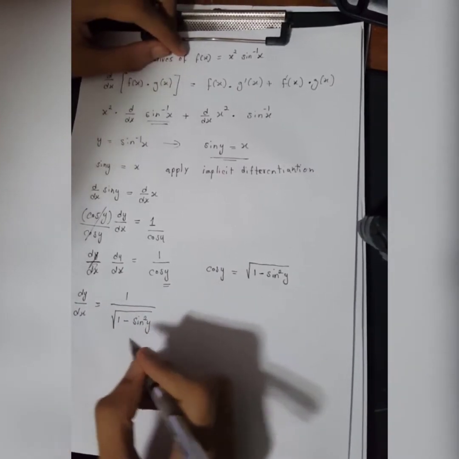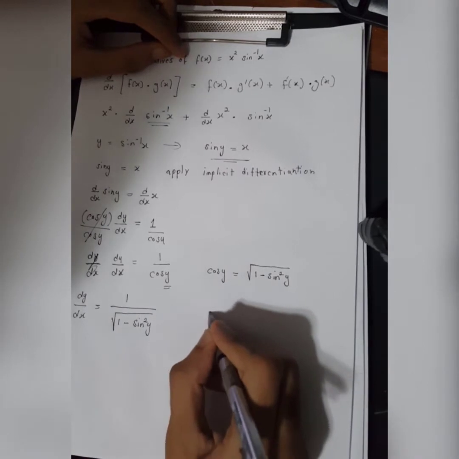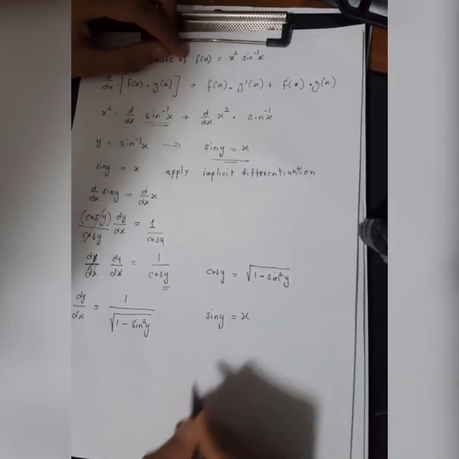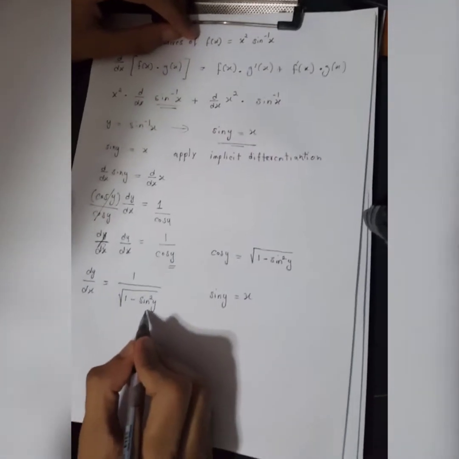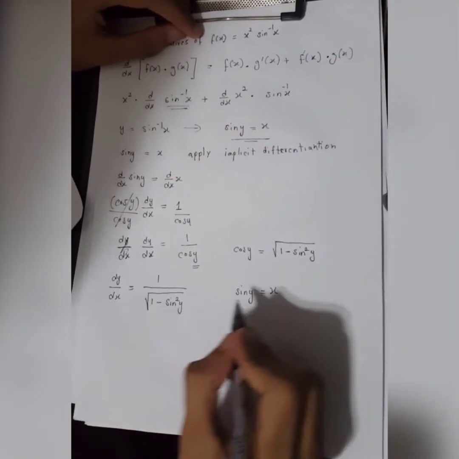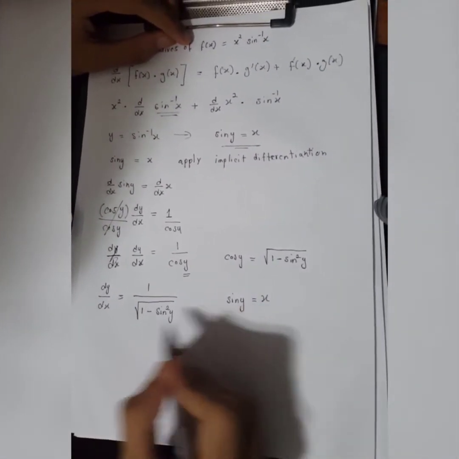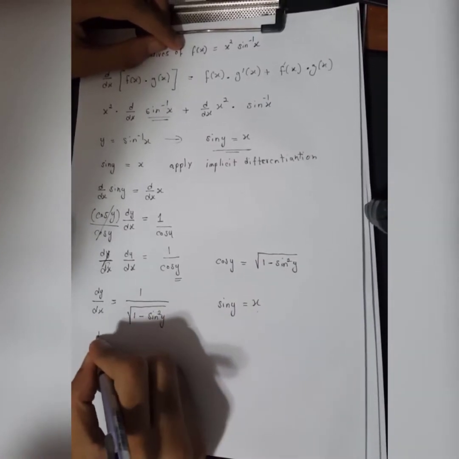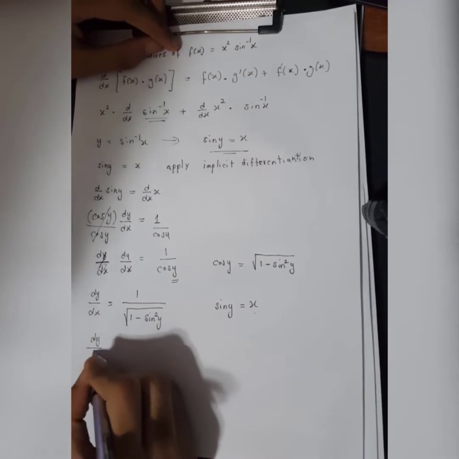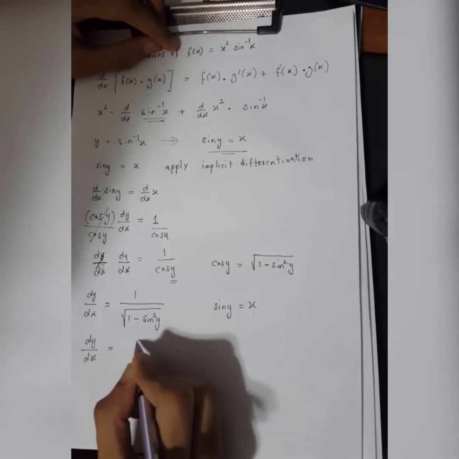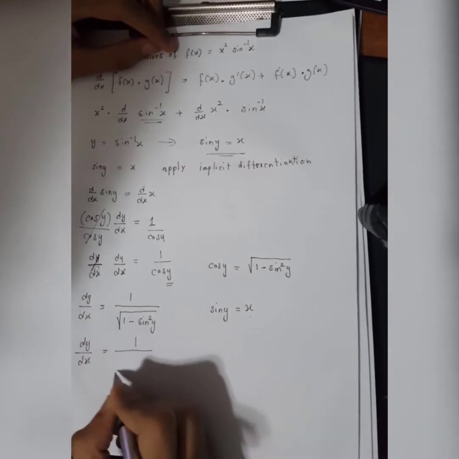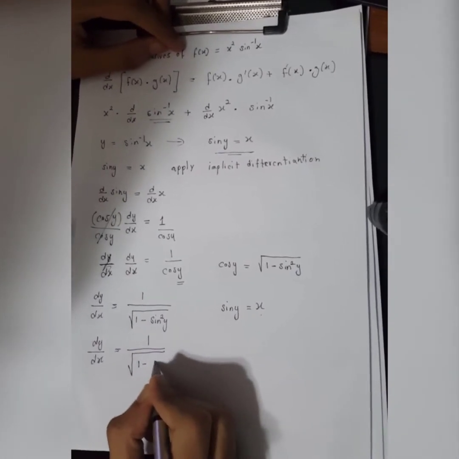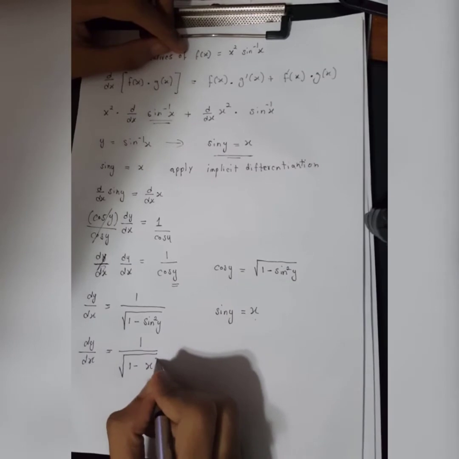Then we know that sine y is equal to x, and we have over here sine y, so I can change this sine y to x. So dy over dx is equal to 1 over the root of 1 minus x squared.